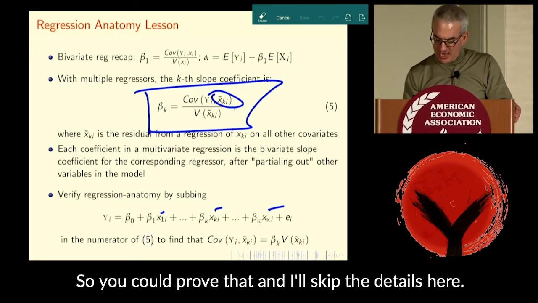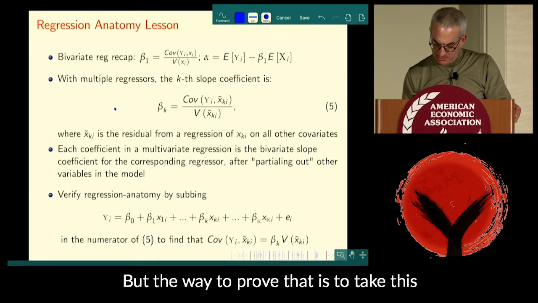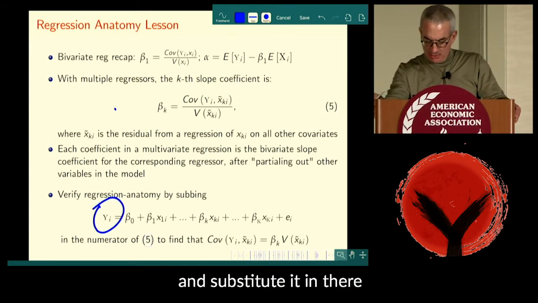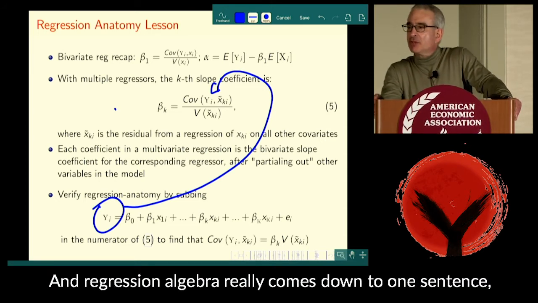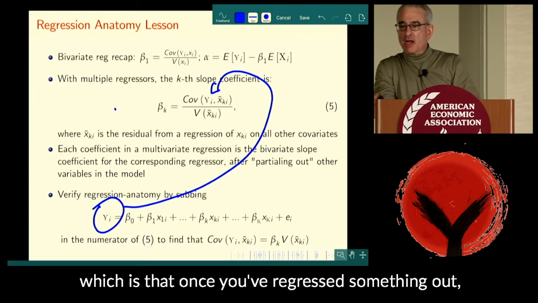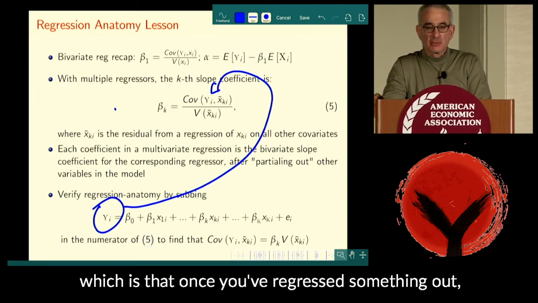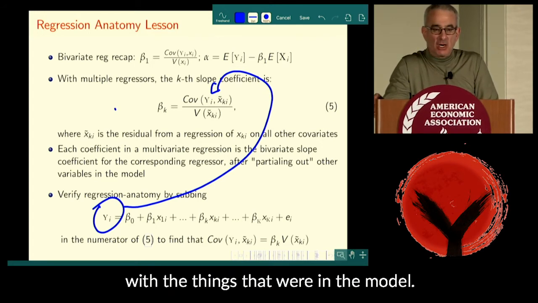You could prove that, and I'll skip the details here, but the way to prove it is to take this and substitute it in there, and to use what I call regression algebra. Regression algebra really comes down to one sentence, which is that once you've regressed something out, those residuals are uncorrelated with the things that were in the model.